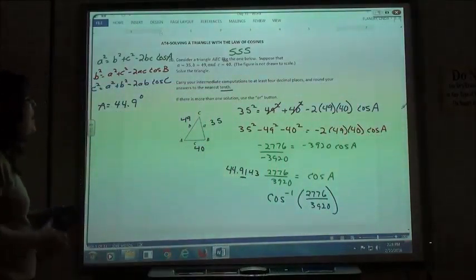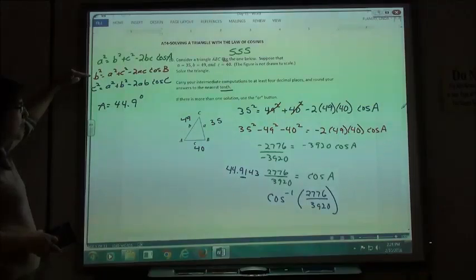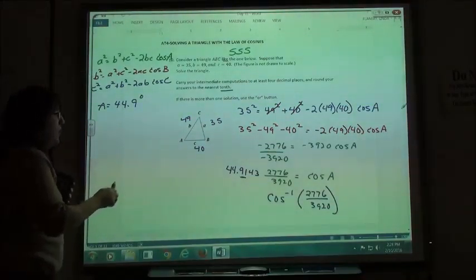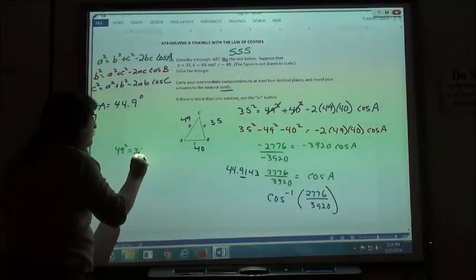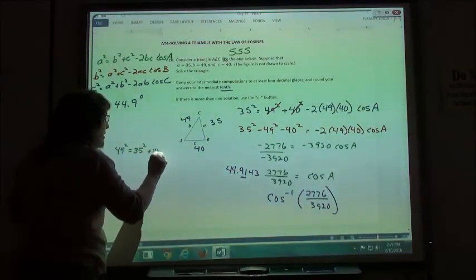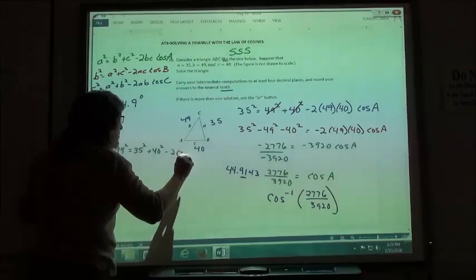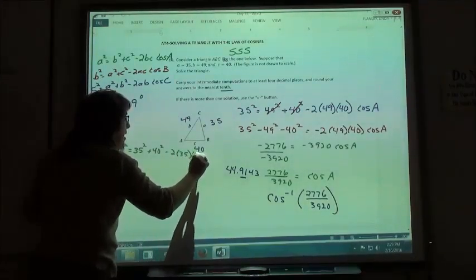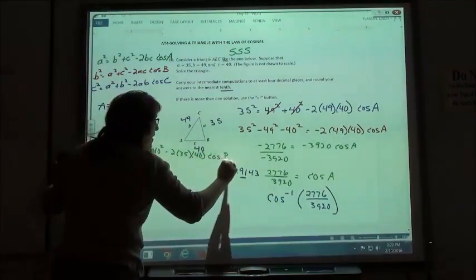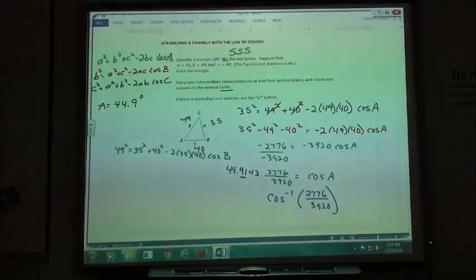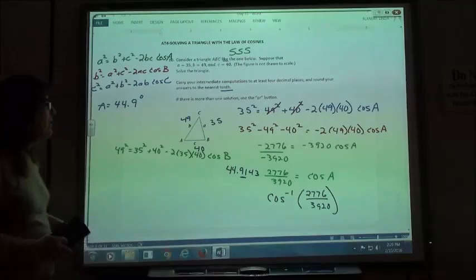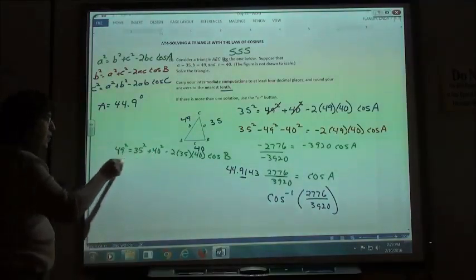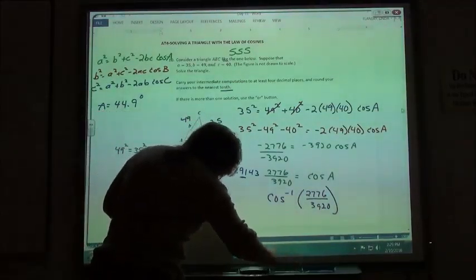Now, I still need to find angle B. So for angle B, now I'm going to use my second formula. So b would be 49 squared equals 35 squared plus 40 squared minus 2 times 35 times 40 cosine of B. So when I solve this, taking a few more shortcuts so I have writing room, I'm first of all going to move these over to the other side.